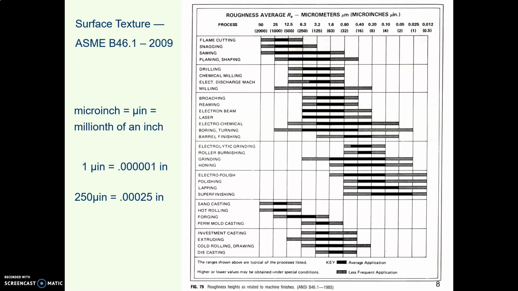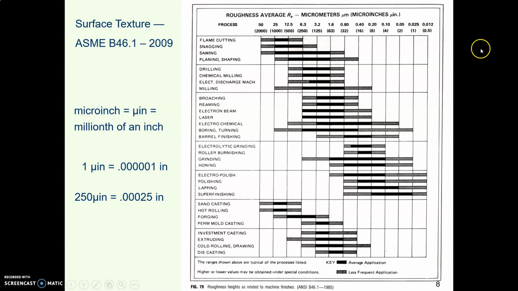This chart, you'll see this chart over and over again all over the place. This is the surface texture chart out of the ASME standard, which relates to roughness, which relates to surface texture. And this chart gives you a sense of what degree of surface finish you might expect with what kind of process.